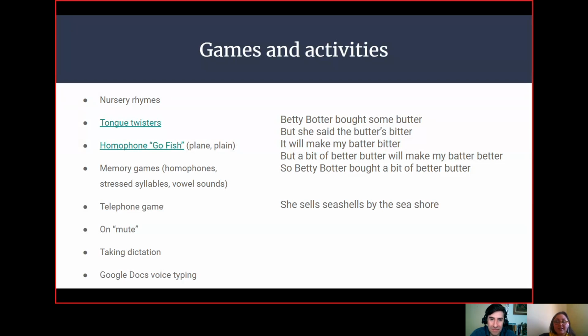And you're just trying to get your students to recognize that the words can be pronounced the same but have very different spellings. And you can also play memory games with those challenging aspects of the language too. Homophones or even stressed syllables and vowel sounds.